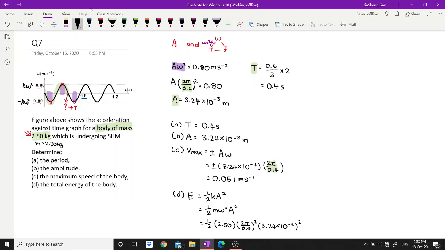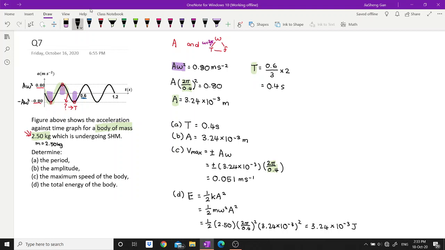If you calculate everything, the answer should be 3.24 times 10 to the power of negative 3 joule. Looks quite interesting. The amplitude and the energy have the same value. So this is total energy.